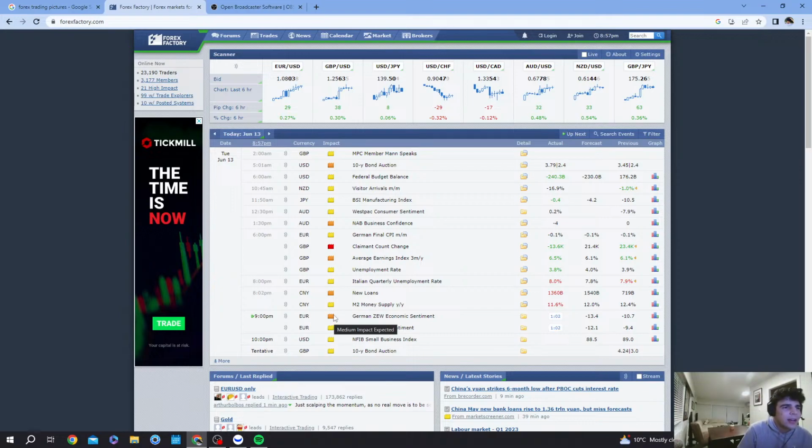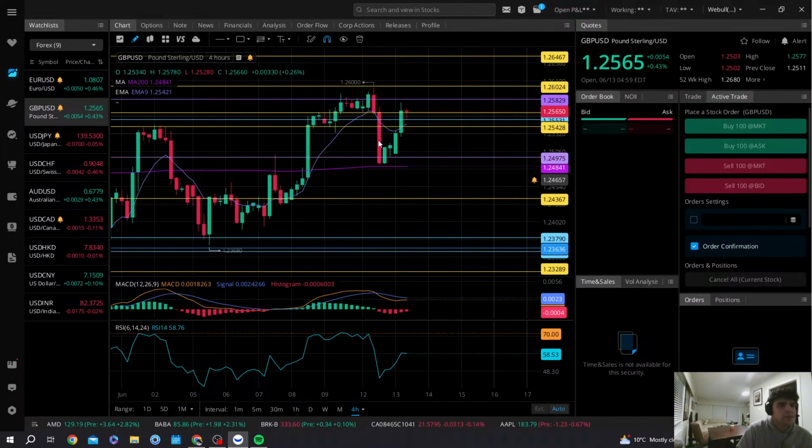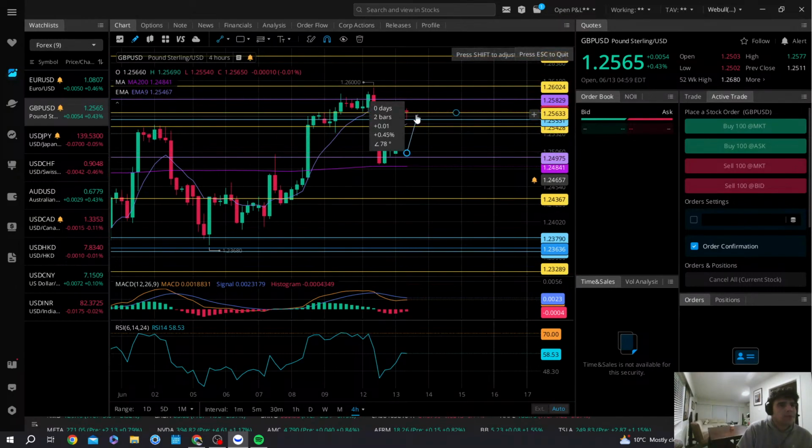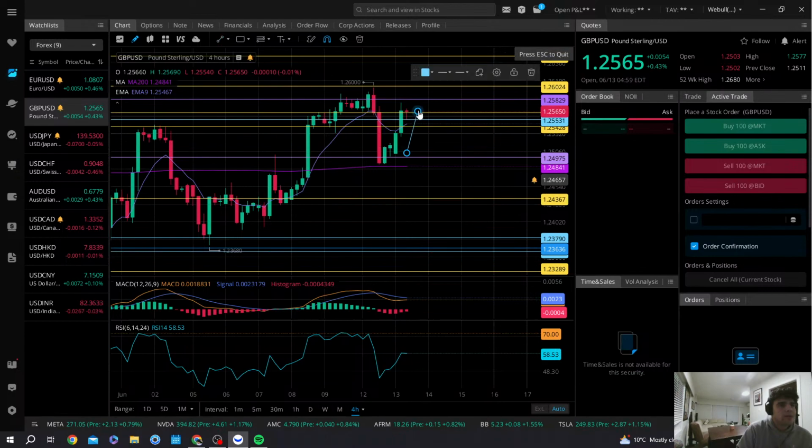It's going to have an impact, but not a red folder impact. For GBP, we had positive news on that red folder. If we flick back to GBP, around that time we had this massive pump, and that's mostly based off that news.